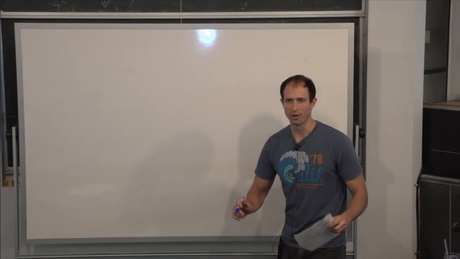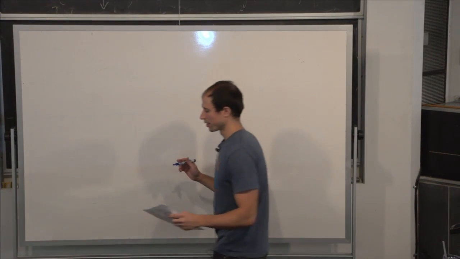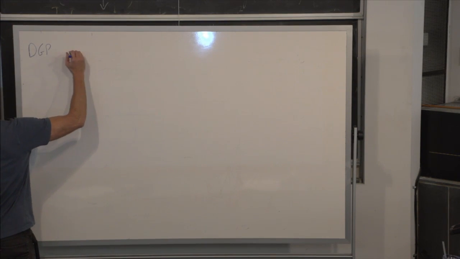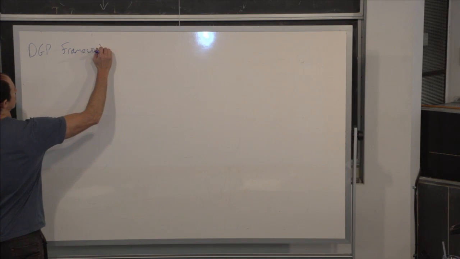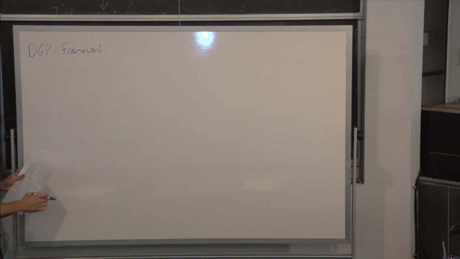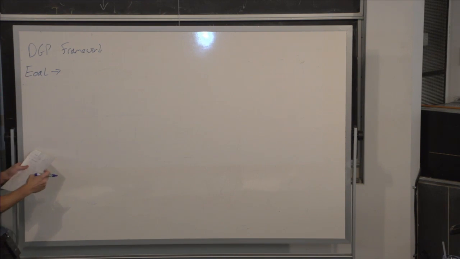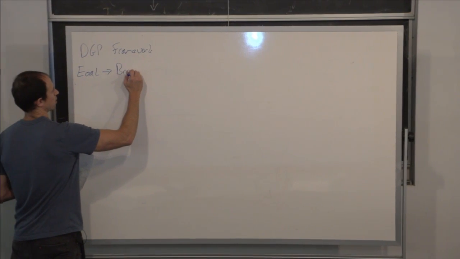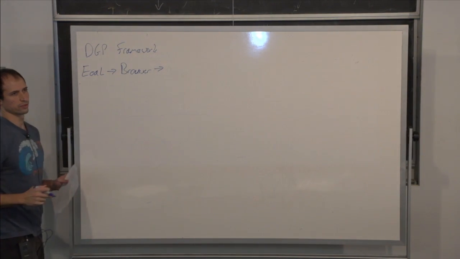So the way we prove all of these PPAD-hardness results is what we call the DGP framework, Daskalakis-Goldberg-Papadimitriou. We start from End of a Line, and then we move on to Brouwer. We saw essentially this reduction yesterday.